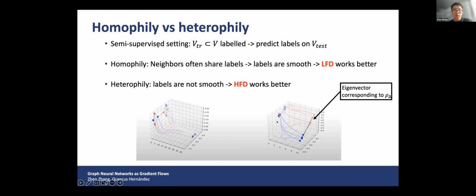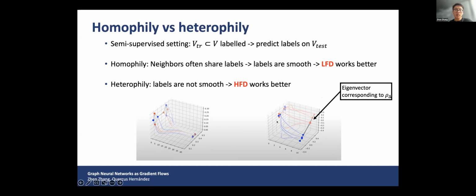The specific problem setting they consider in this paper is the semi-supervised setting, where on a single graph, they consider some of the nodes as the training set and the rest of the nodes as the test set. For the training set, you have labels, but for the test set, you don't have labels, and you want to predict these labels.